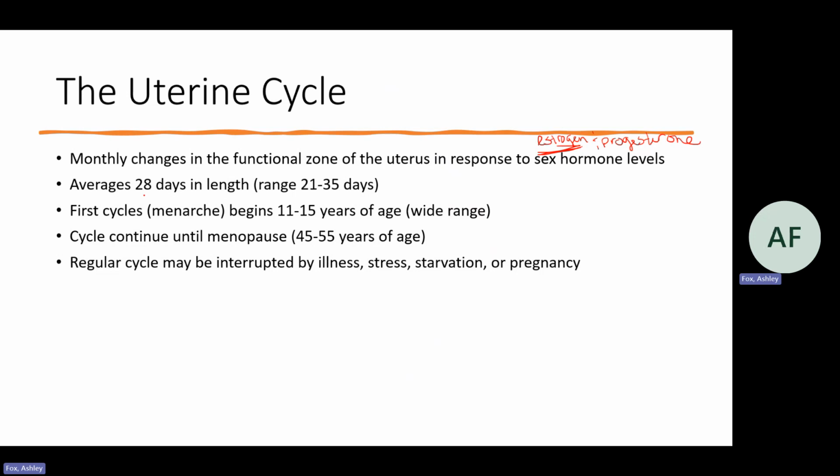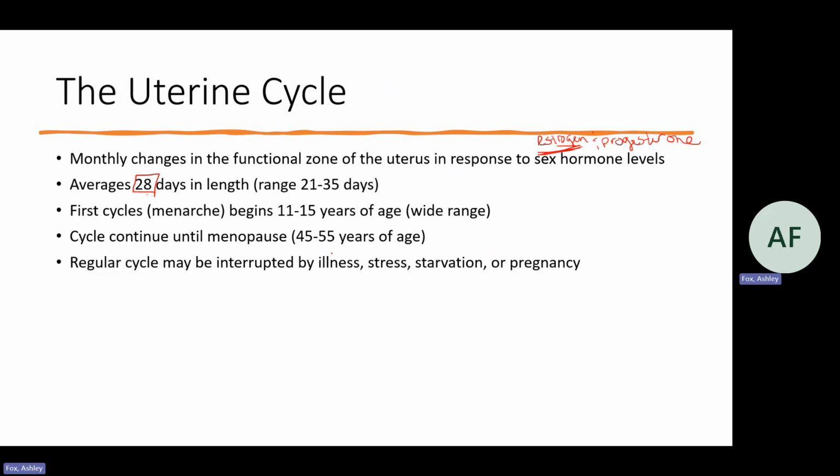So the uterine cycle is about 28 days on average. Each individual female is going to have her own normal cycle, which can range from 21 days to 35 days. First menarche is going to be between 11 and 15 years of age, depending on genetics, nutrition, and a whole host of things.